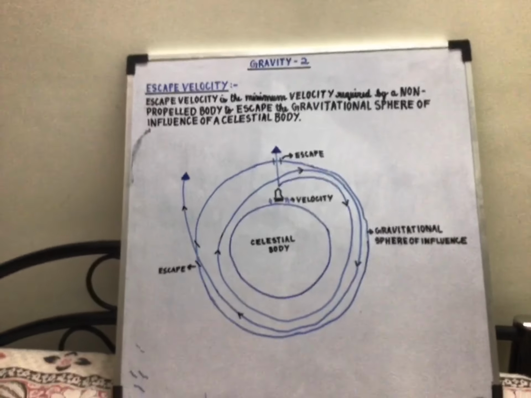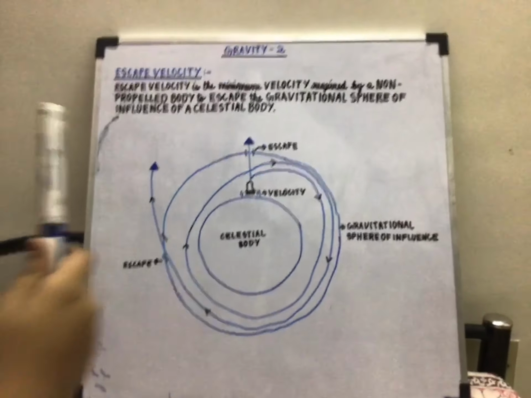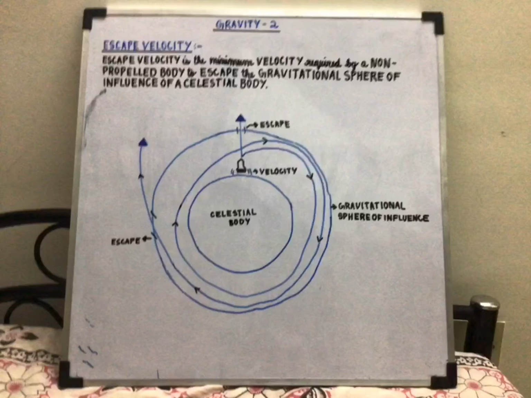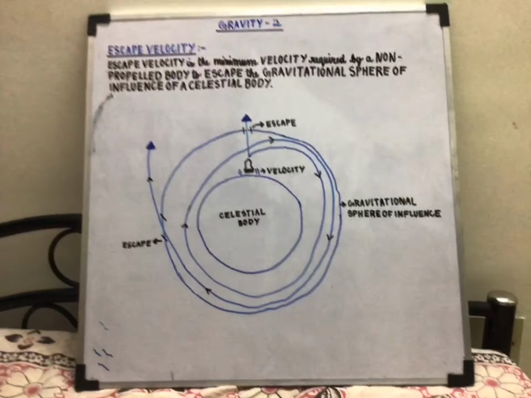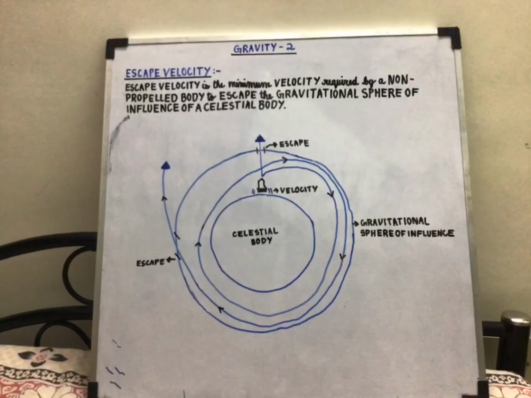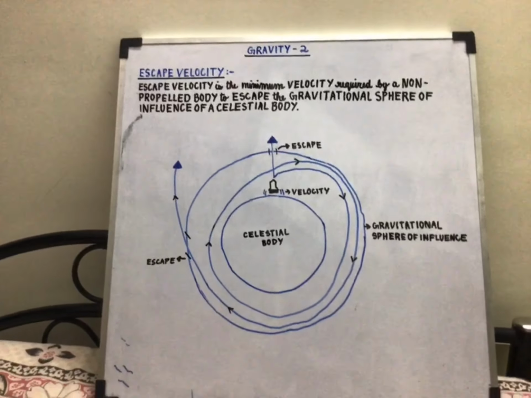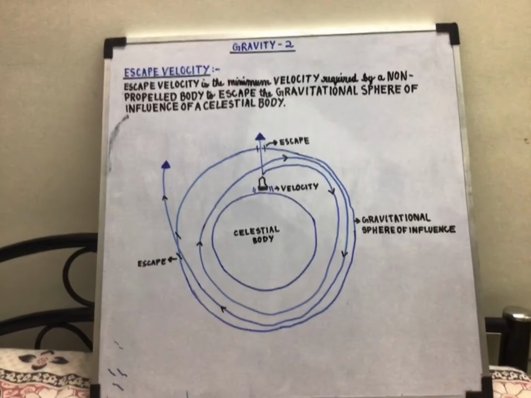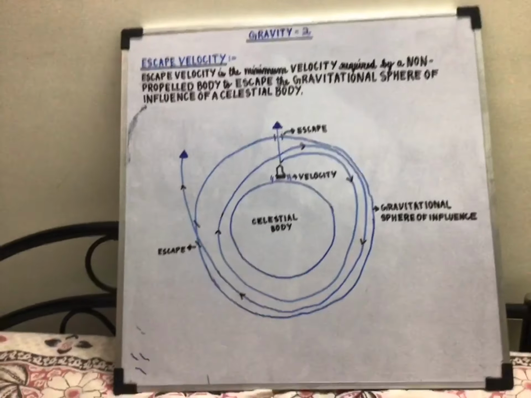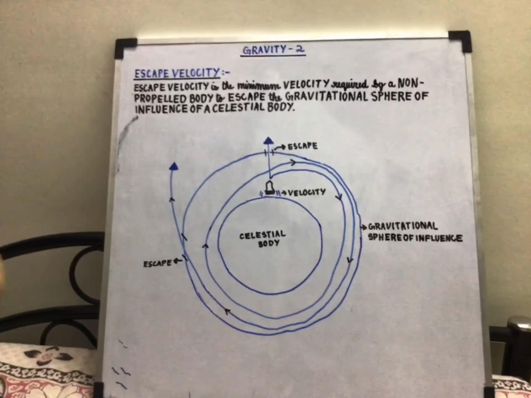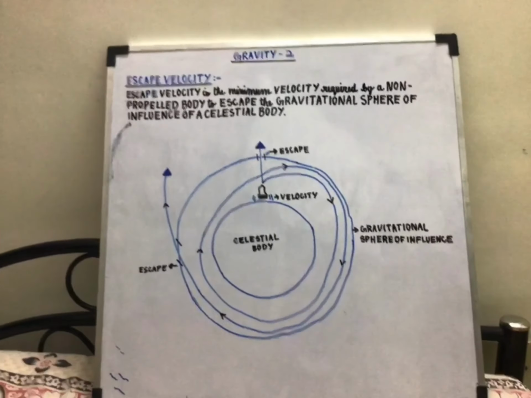The body can get out in many ways, such as going straight through it, cutting the atmosphere, or taking a circular path, doing a Hohmann transfer. So escape velocity is basically the velocity needed by an object to escape the gravitational force of that celestial body. That is the introduction to escape velocity.